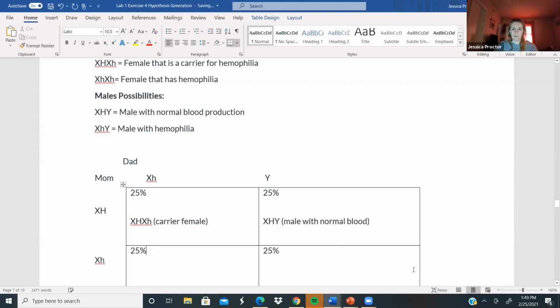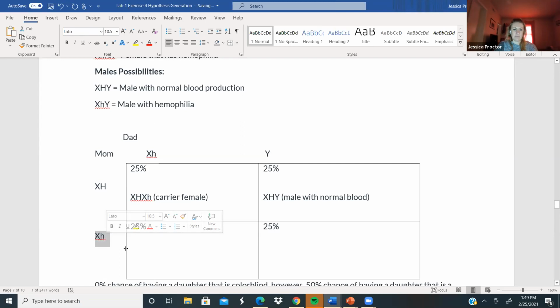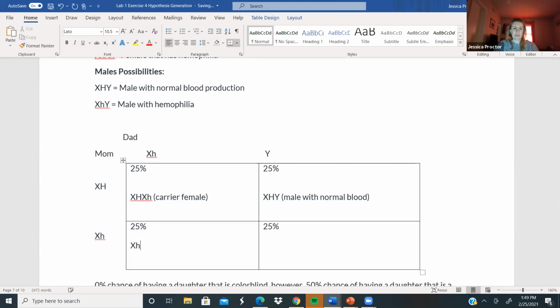Okay, and then here in this little quadrant, we're going to take one from here, and then we're going to take one from here. So we've got an X little h, X little h, so that's a female with hemophilia.